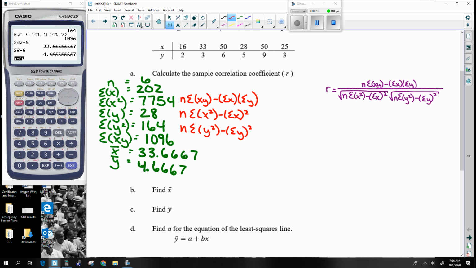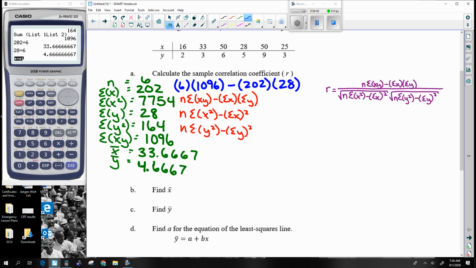I have the numbers. What I would write in this top formula is n, which is 6, the sum of xy, which is 1096, minus the sum of x, which is 202, sum of y, which is 28. So I don't have to do any of the fancy footwork.